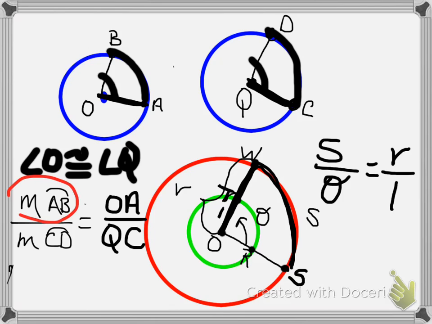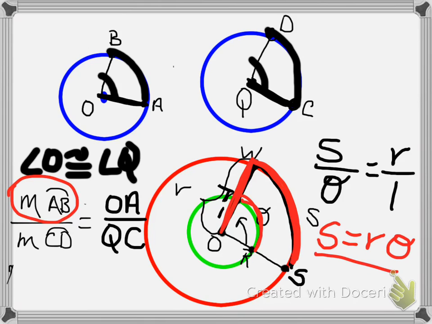Right here we did arc AB. Well, here we're doing arc S, over the measure of the arc CD. CD was this one, and that's going to be like theta here. So S over theta is equal to the whole length over 1. We're going to use this to take the cross product, and we're going to find that the arc length is equal to R times theta.